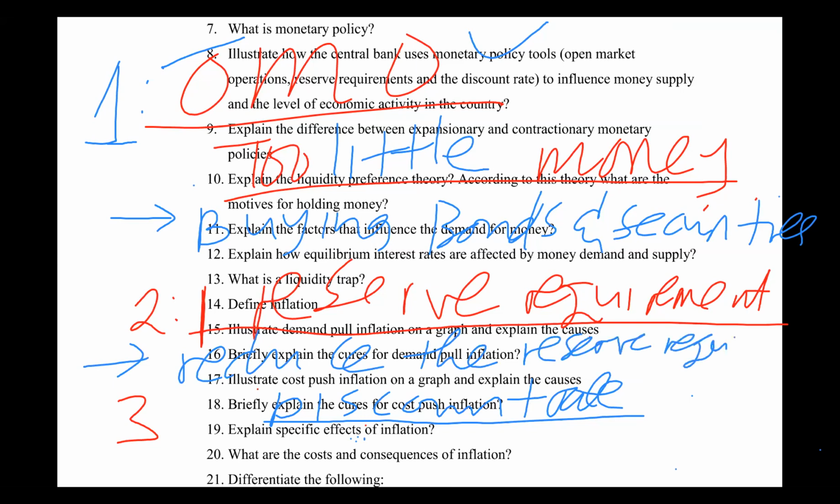When they reduce the reserve requirement, this means that there will be more money available to commercial banks to give out as loans, right? That's what happens when the reserve requirement has been reduced. It means that the amount of money available for commercial banks to give out as loans will be increased. And when that increases, more money will go into circulation, especially via loans. Is that clear?